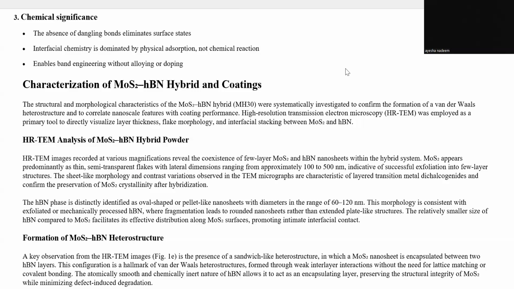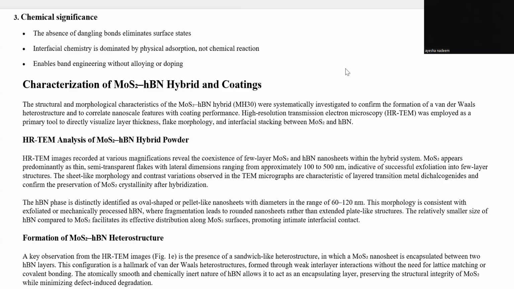HRTEM analysis of molybdenum disulfide and hexagonal boron nitride hybrid powder shows that the images recorded at various magnifications reveal the coexistence of few-layer molybdenum disulfide and hexagonal boron nitride nanosheets within the hybrid system.